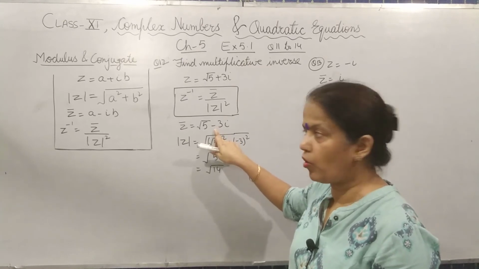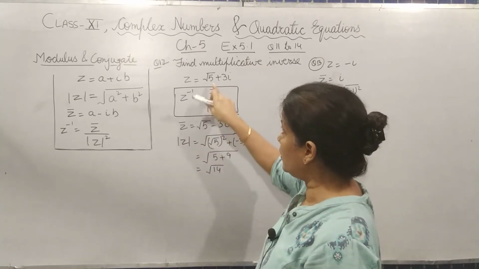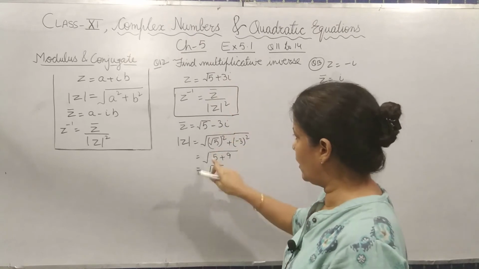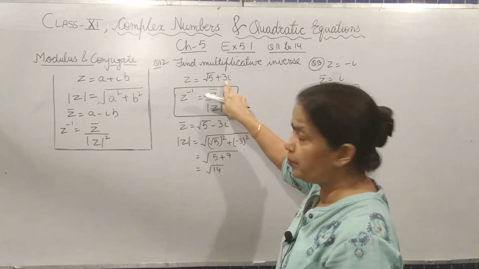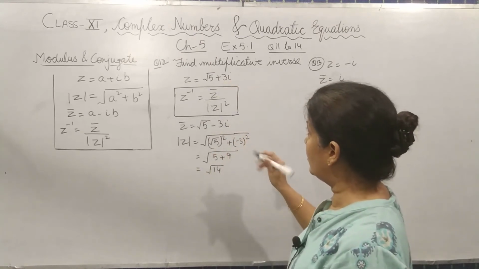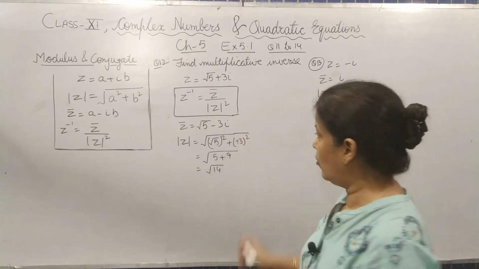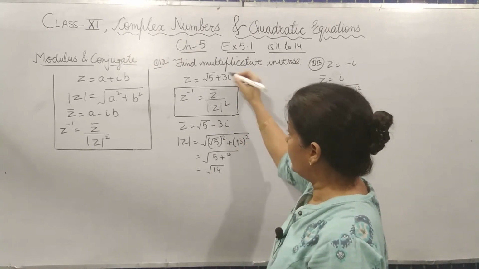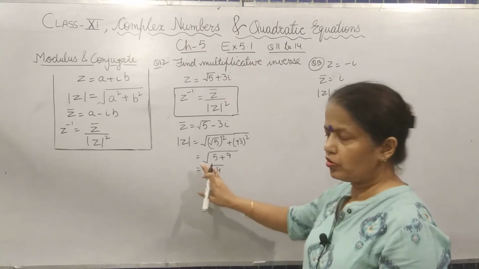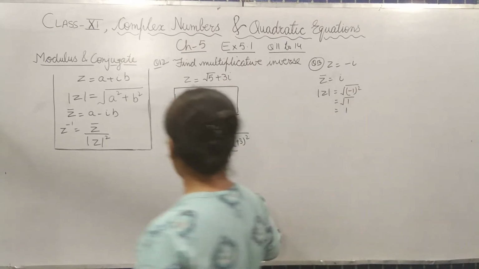Z bar means conjugate. Now modulus means a square plus b square, so this is plus because it is positive. So you will get modulus of Z as root 14.